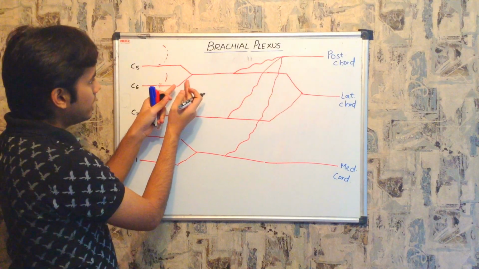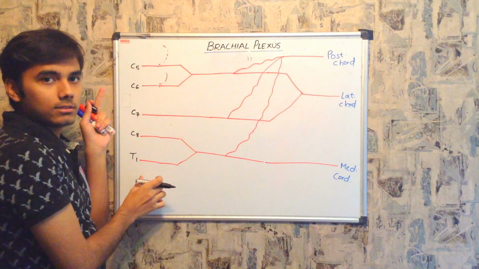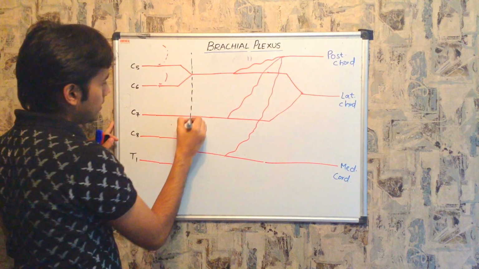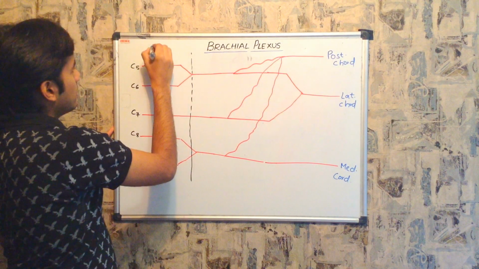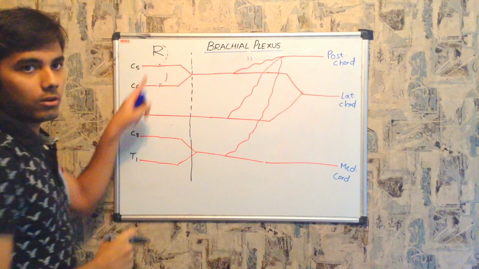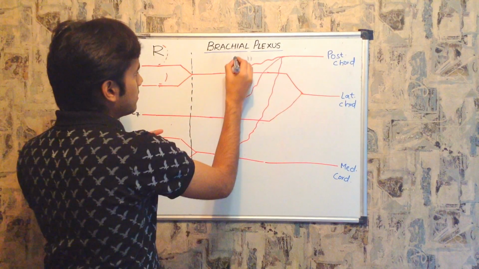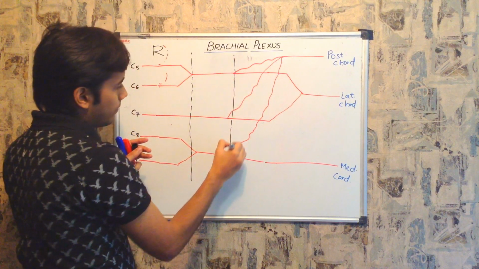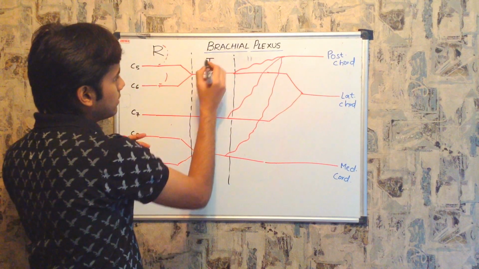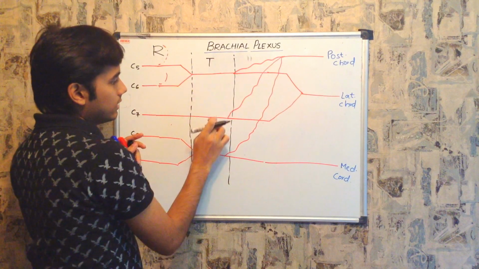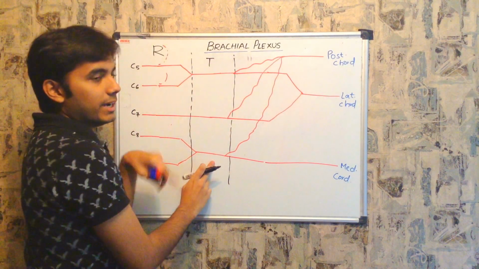As I said, immediately after the origin of this brachial plexus from the spinal segments, this part we call the roots. So from here till here, these are called the roots of the brachial plexus. And next we move on to the trunks. So these are the trunks, 3 trunks: this is the lateral trunk, this is the middle trunk and this is the medial trunk.